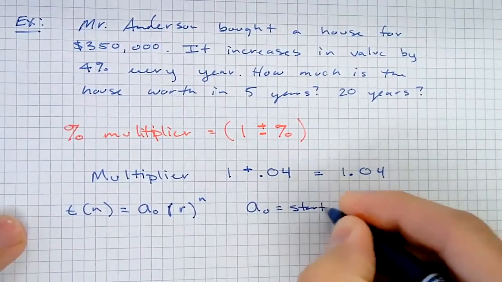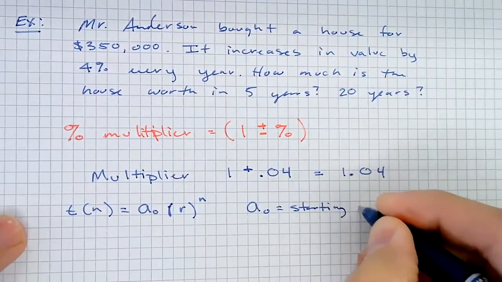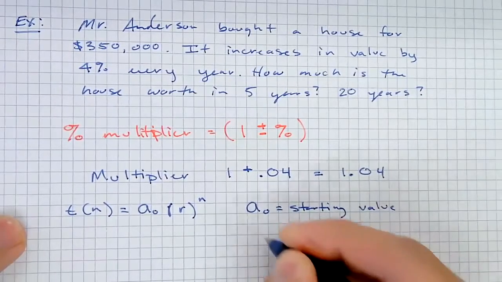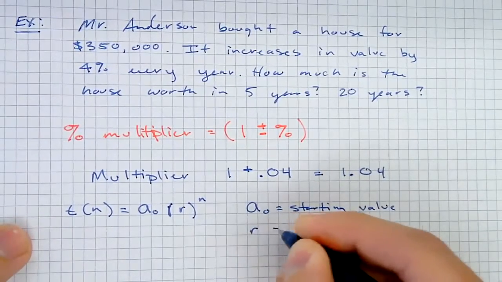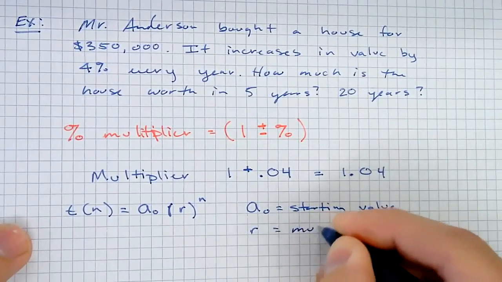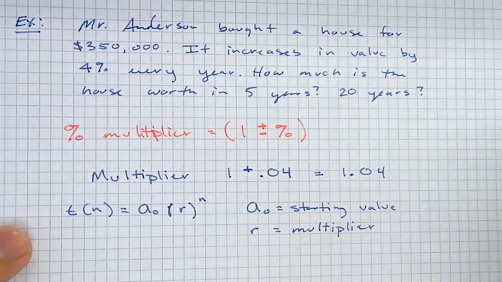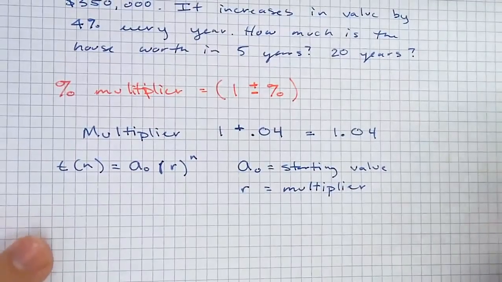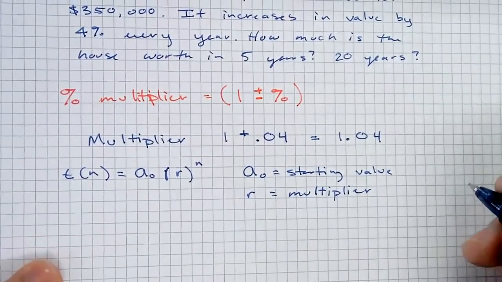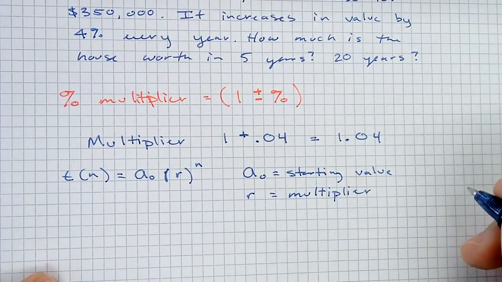So using our equation from earlier in the chapter, we have a sub 0, which is our starting value, and then r is our generator or our multiplier.